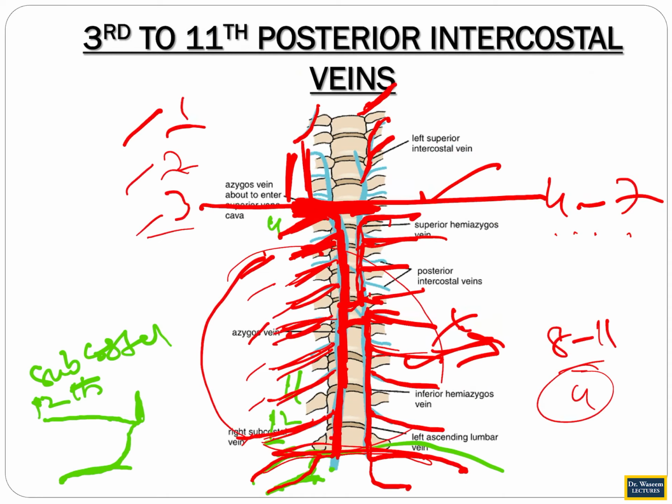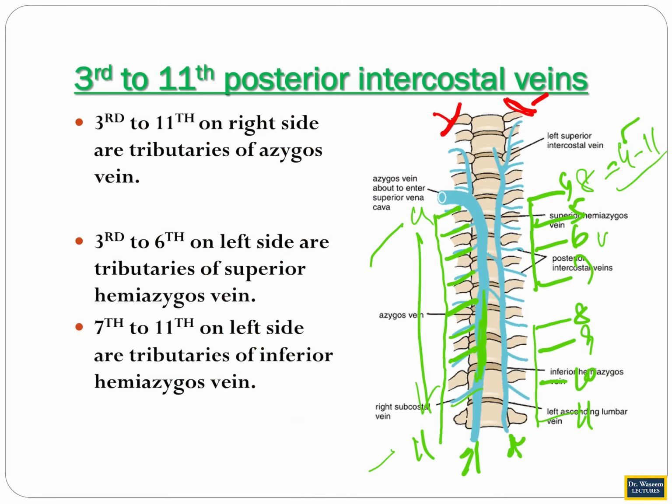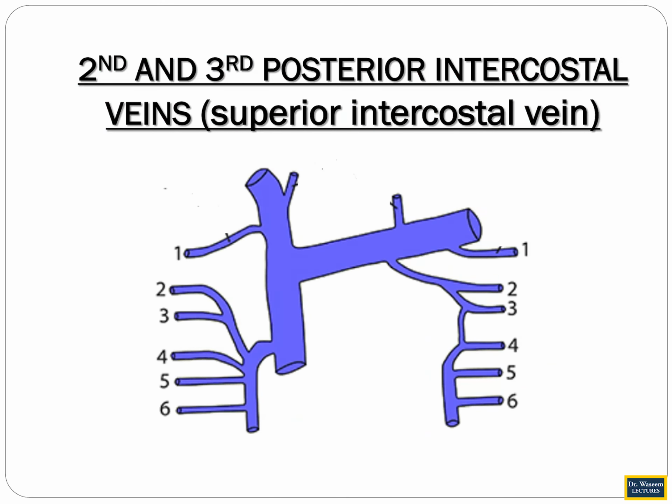You are watching how the supreme intercostal veins drain. Now you can see this is your subclavian vein, and this is your brachiocephalic vein; both join together to form the superior vena cava. So the supreme intercostal vein drains into the brachiocephalic on its own side.